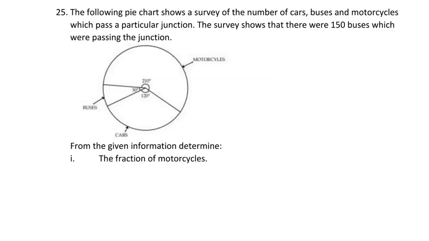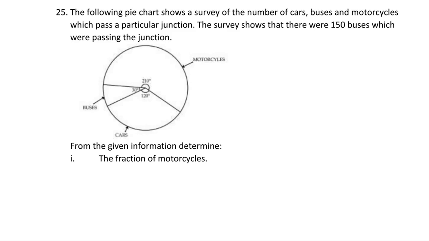Question number 25. The following pie chart shows a survey of the number of cars, buses, and motorcycles which pass a particular junction. The survey shows that there were 150 buses which were passing the junction. From the given information, determine for Roman 1 the fraction of motorcycles.